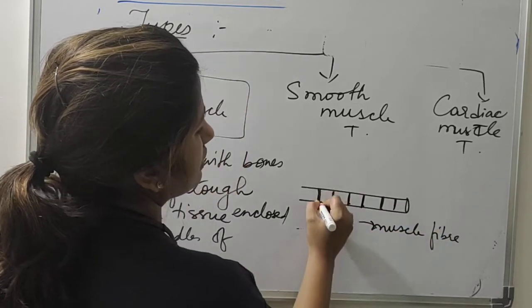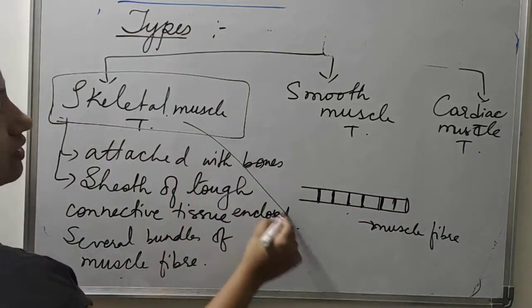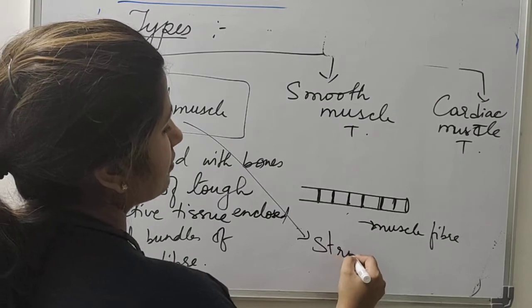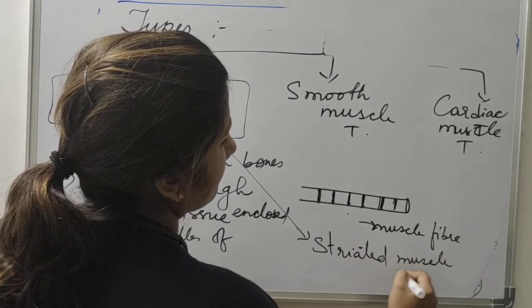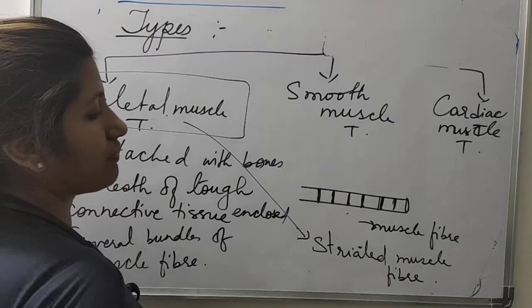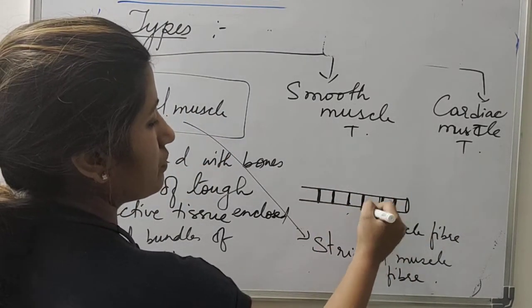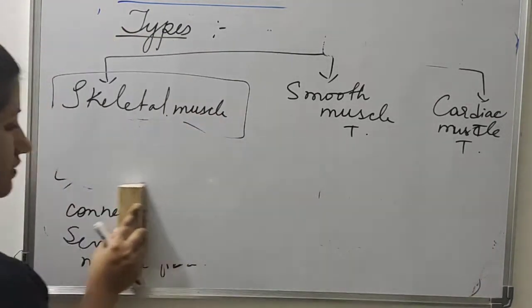That's why skeletal muscle is also known as striated muscle fiber, because of the stripes which are present here. So that was skeletal muscle.